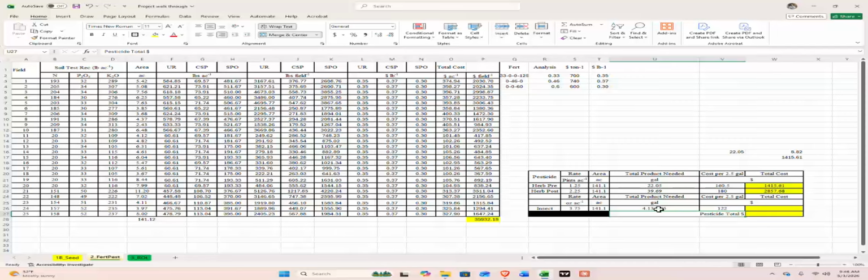But to get it to an actual cost per acre, this equals divided by 2.5 times $122. So the total cost for that was $201.